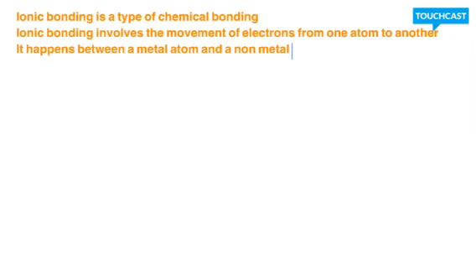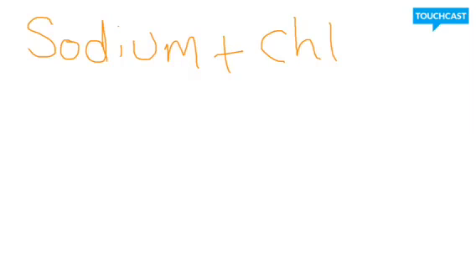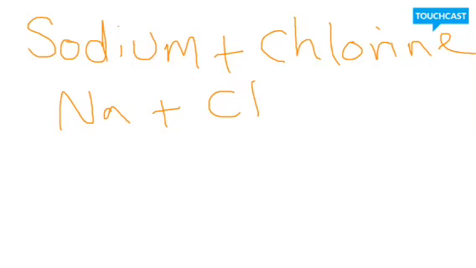What I'm going to do next is use a few examples to illustrate what happens between atoms during ionic bonding. For example, here we have a reaction between sodium and chlorine, Na and Cl.